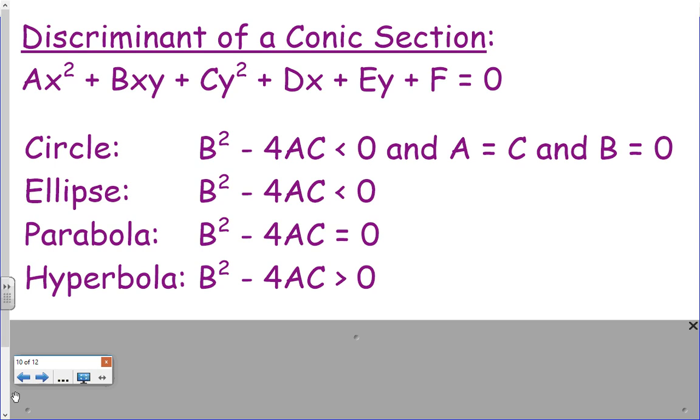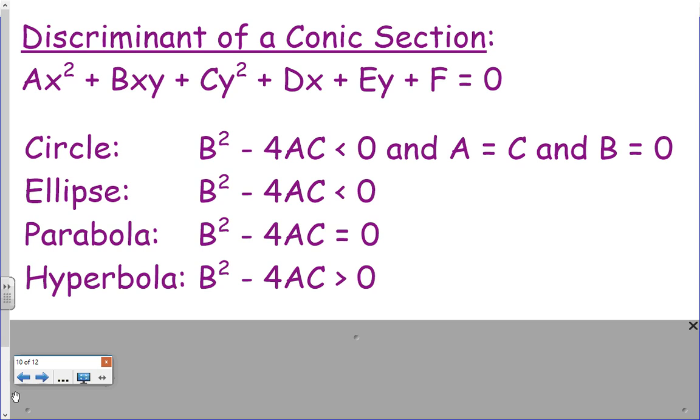It turns out that you're going to end up with a circle if b squared minus 4ac is less than 0, and a and c have to be equal to each other, and b also has to be 0. That's the only way that you're going to end up with a circle. a and c have to be equal to each other, and b has to be equal to 0, which is actually the same way we defined what a circle was earlier in this chapter.